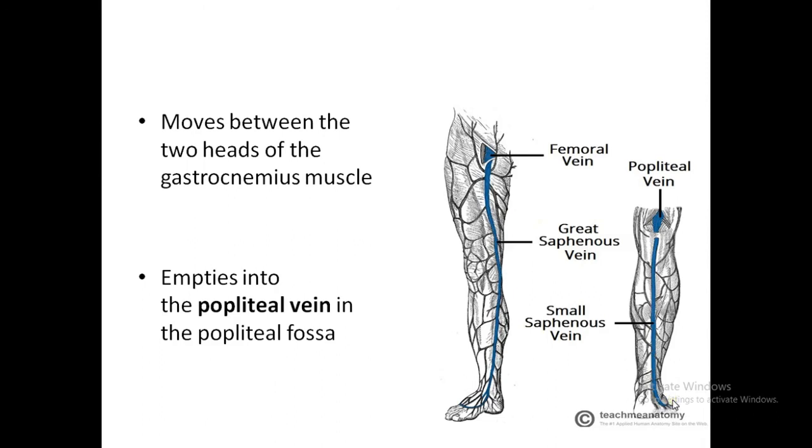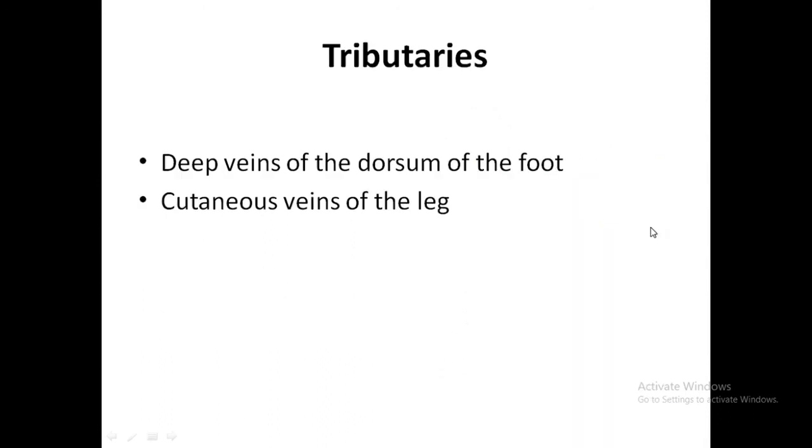It crosses the lateral malleolus by passing posterior to it, and as it ascends it passes between the two heads of the gastrocnemius, and finally it drains into the popliteal vein in the popliteal fossa. There are two tributaries of the small saphenous vein. They are the deep veins of the dorsum of the foot and the cutaneous veins of the leg.